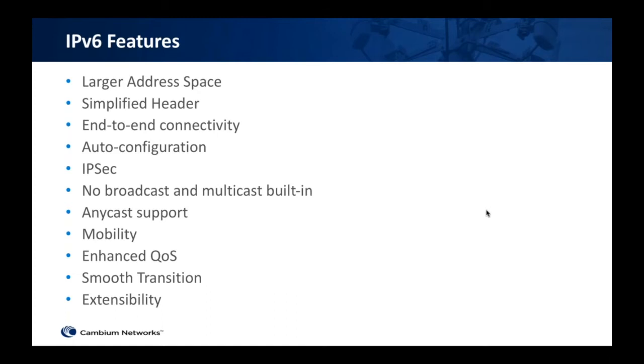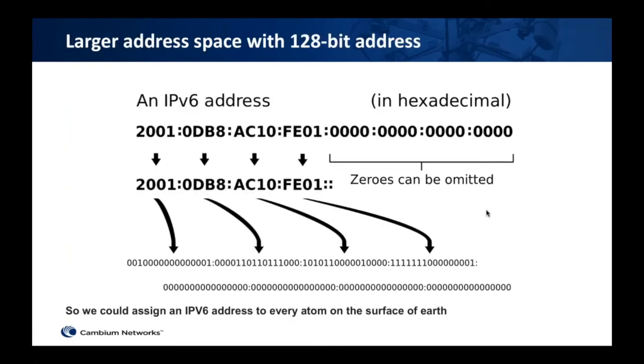The extensibility of the protocol is very high, so you can create extensions for your custom protocols built on top of IPv6 very easily. So, the larger address space: as I said, IPv6 uses 128-bit addresses, which is 4 times that of IPv4.